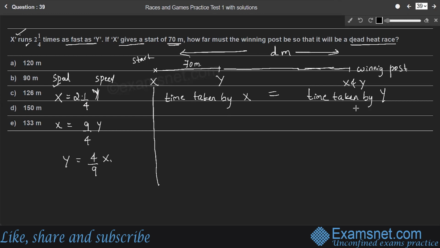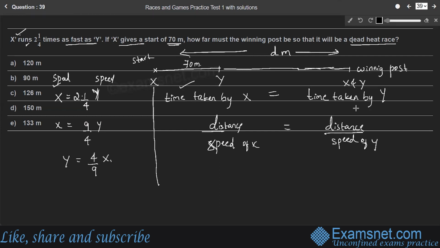Keeping this in our mind, let us consider time taken by x to reach the winning post. Since speed is distance by time, time is distance by speed. So time taken by x is distance by speed of x, which is equal to time taken by y, distance covered by y by speed of y.